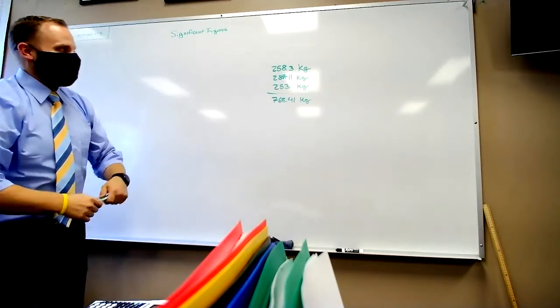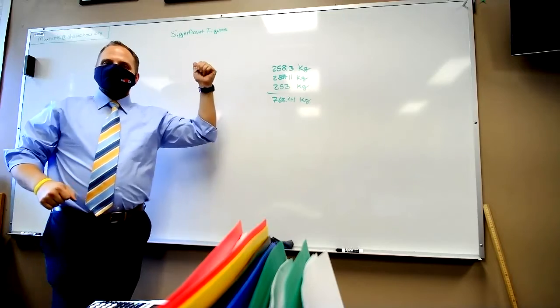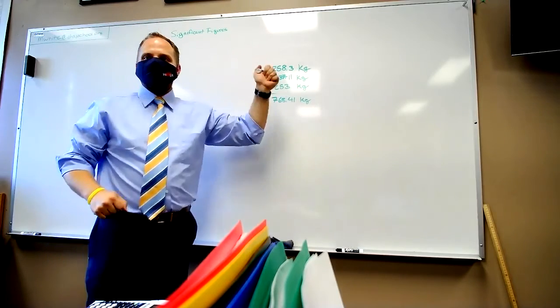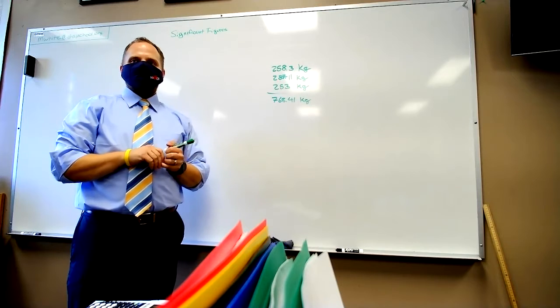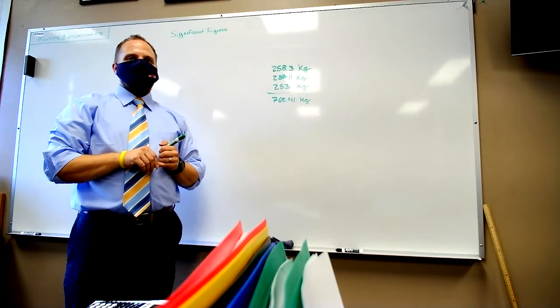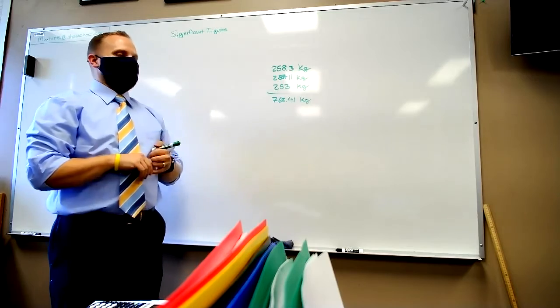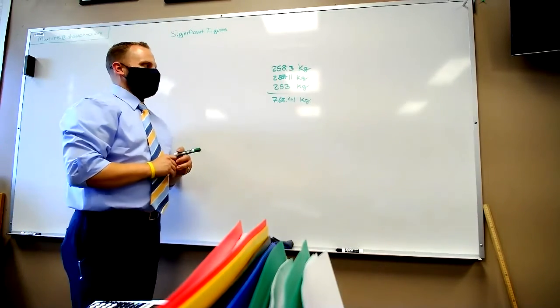Okay, well, this is addition and subtraction, right? So what is the rule for addition and subtraction? Okay, so it's determined by the one that has the fewest number of figures to the right of the decimal.